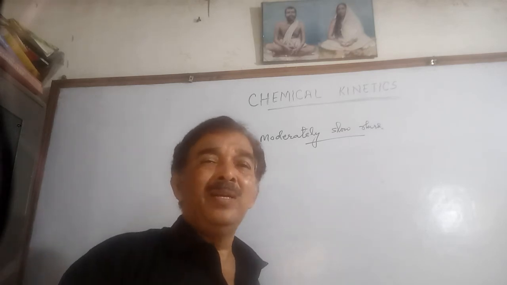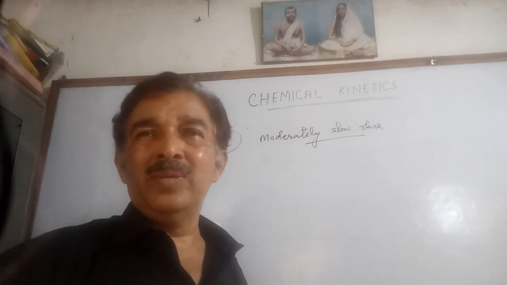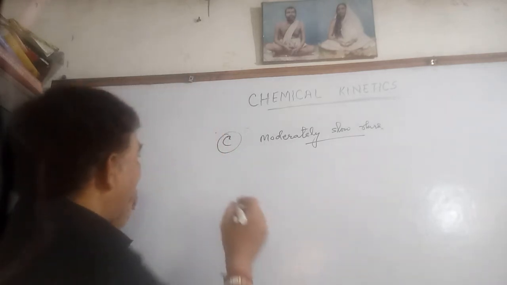Examples of moderately slow reactions are the hydrolysis of ethyl acetate.